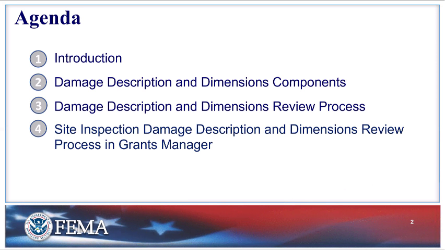Then we have our components, which are divided into 6 parts, and we're going to show how it's related to the DDD. And then we have our review process, where our site inspector is focusing on that internal review process from the site inspector perspective. Make sure they're checking their work and having someone else review the work. So those are the things that we're going to discuss as part of this micro training.